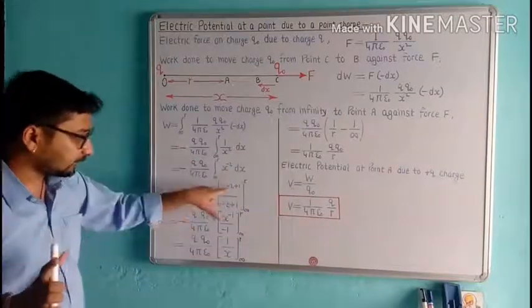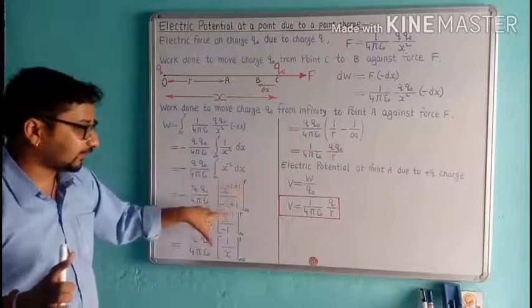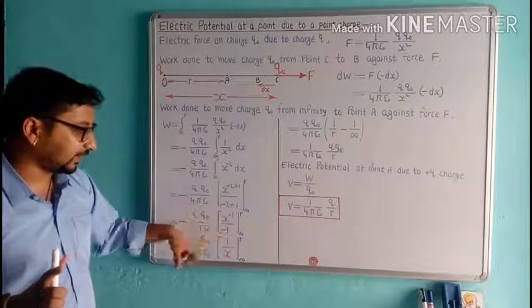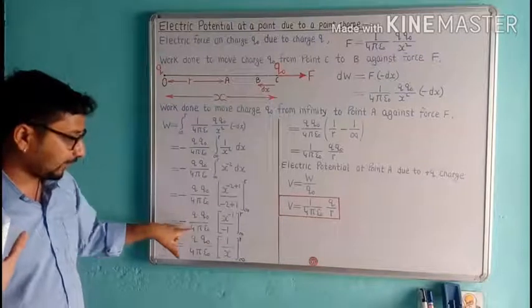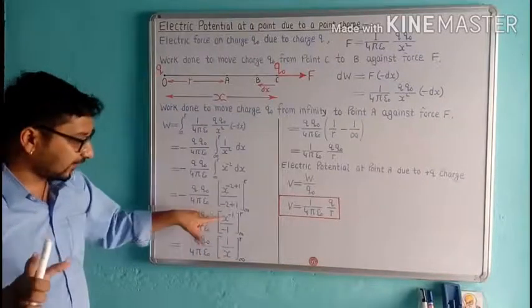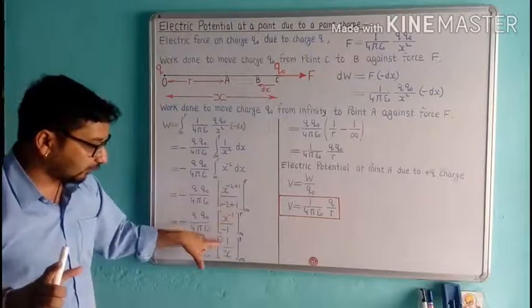Now minus 2 plus 1 gives minus 1, so this minus becomes plus. Now we can write x to the power minus 1 as 1 upon x.